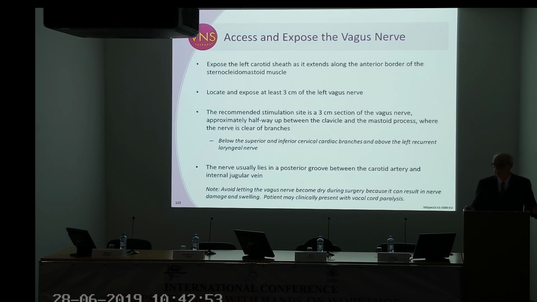The landmarks are always anatomical landmarks. You know that the carotid you can find easily in the triangle between the anterior sternocleidomastoid muscle and the omohyoid muscle. So in the triangle between the two, you always find the carotid, and you can feel the carotid pulsating with your finger.